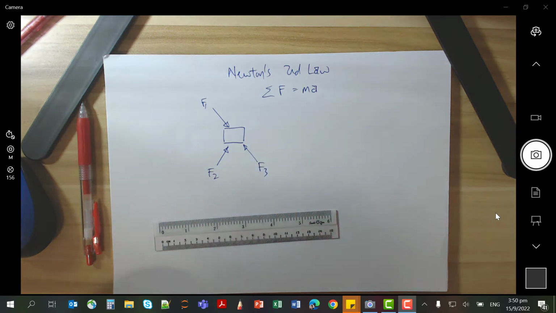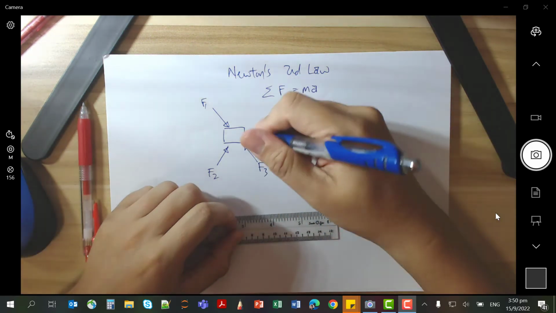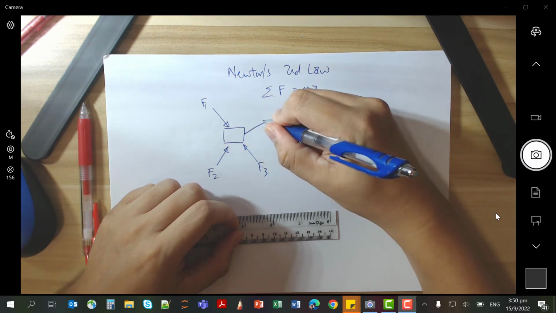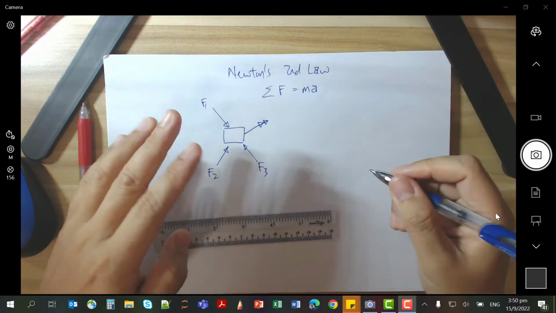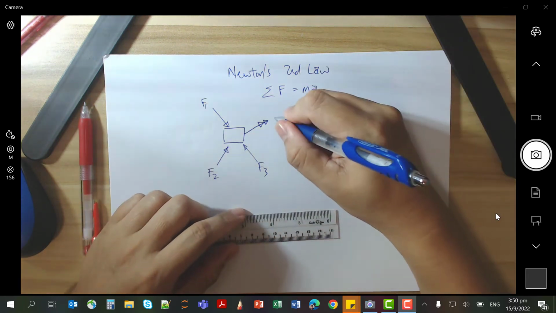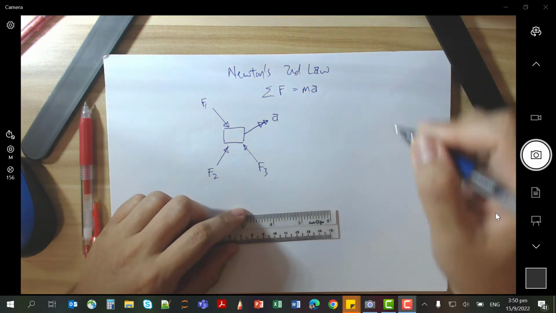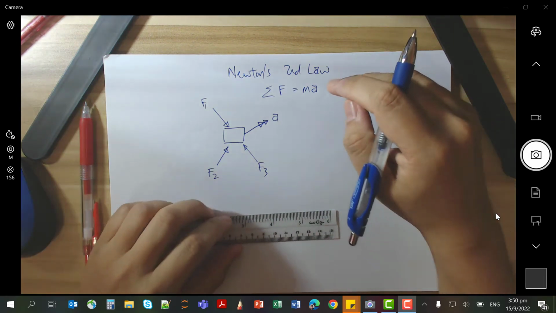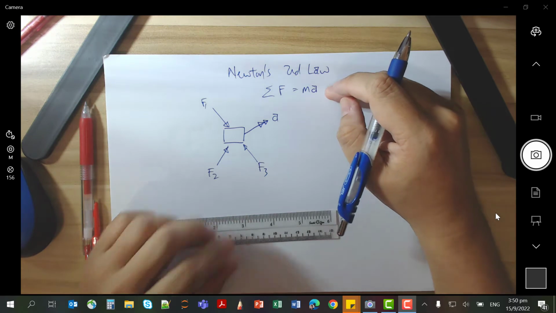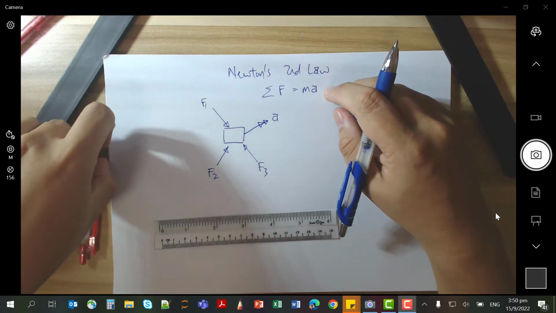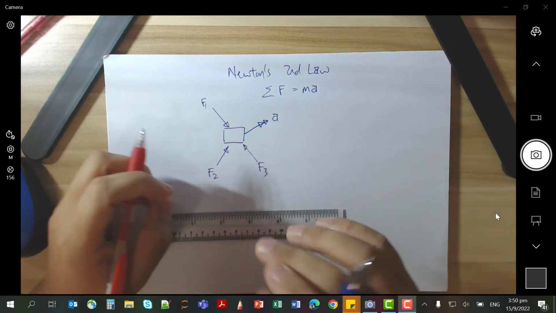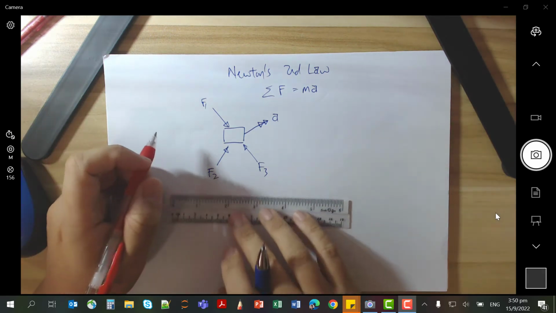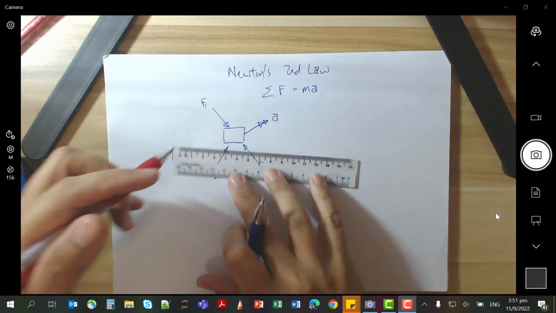And I say that eventually this whole object is going to move in this direction, and when it moves in this direction, it has an acceleration a. This is where we apply our F equals ma. Before that we have to split all these forces into their vertical and horizontal direction components.